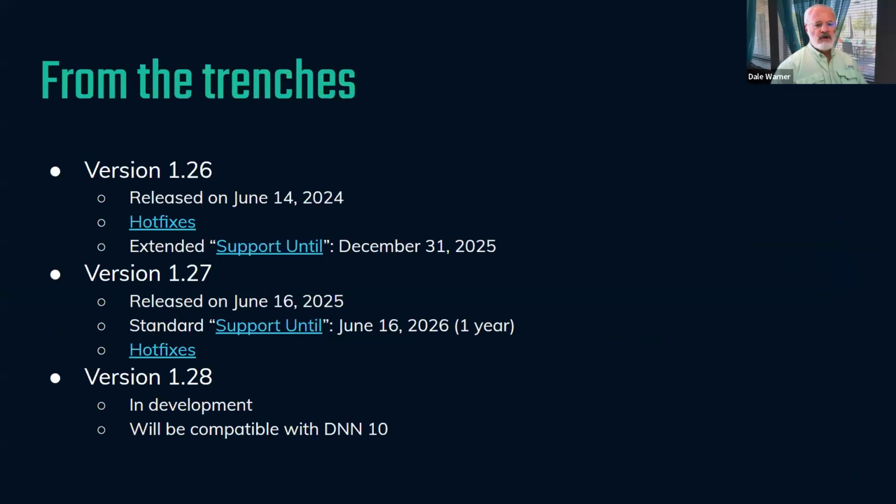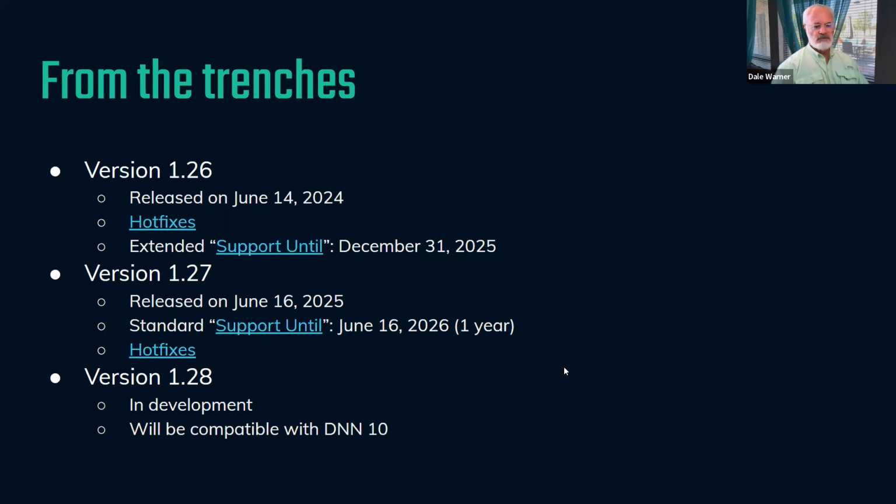Okay, from the trenches of support, we'll really talk about hotfixes here. Version 1.26 is our current and is one of our, well, it is our last version. It was out in June of 2024, and it's supported through the end of the year. That time period is coming up really soon now, just 2 months from now.